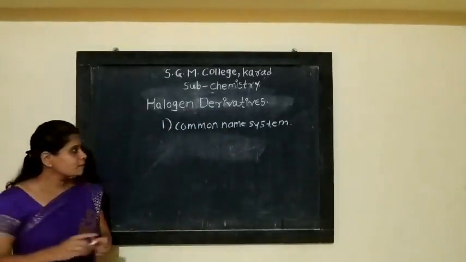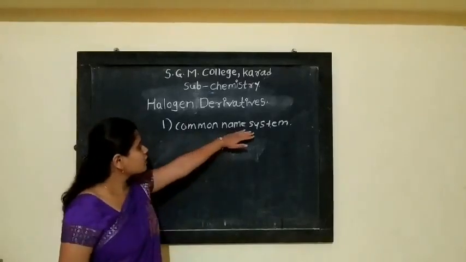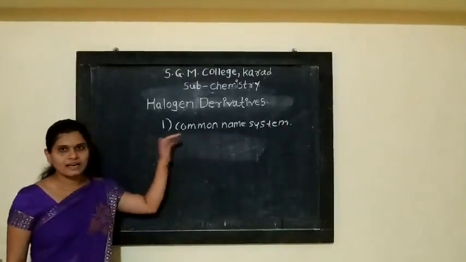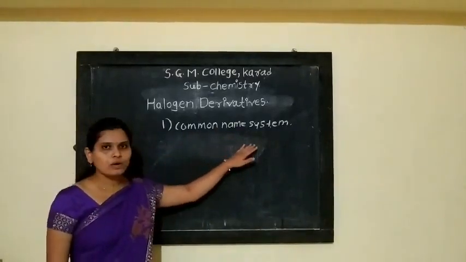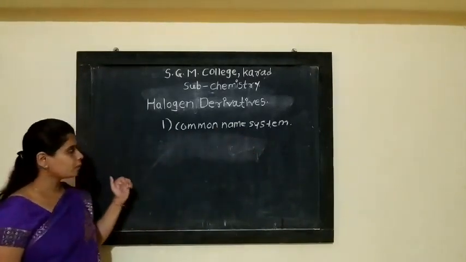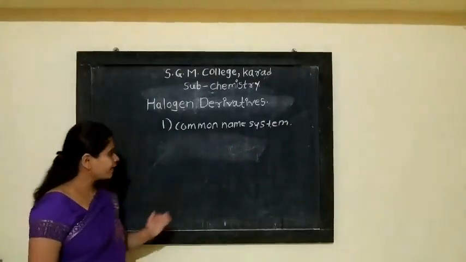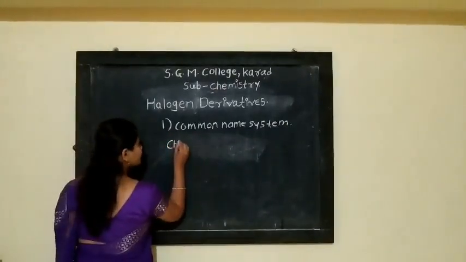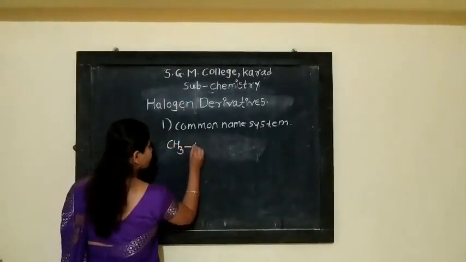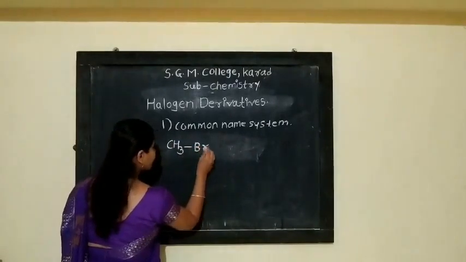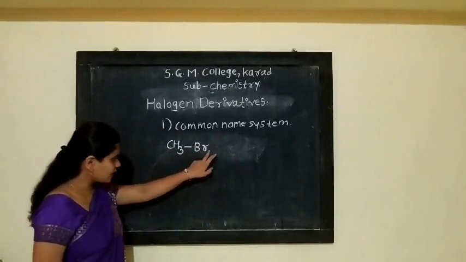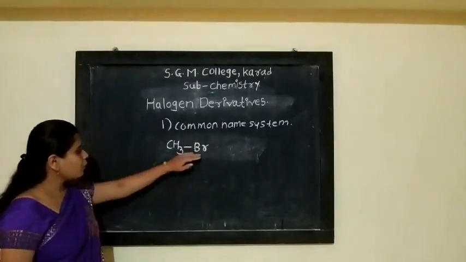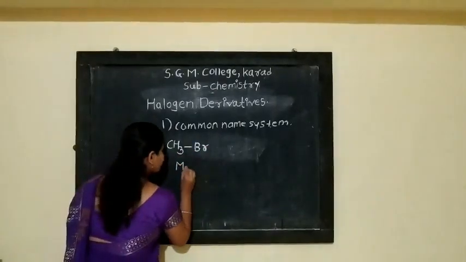In the common name system, halogen derivatives are named as alkyl halide. Means the alkyl group present in that compound is followed by the halide group. For example, CH3Br. Here the alkyl group is methyl and the halogen attached is bromine. So the name of this compound is methyl bromide.